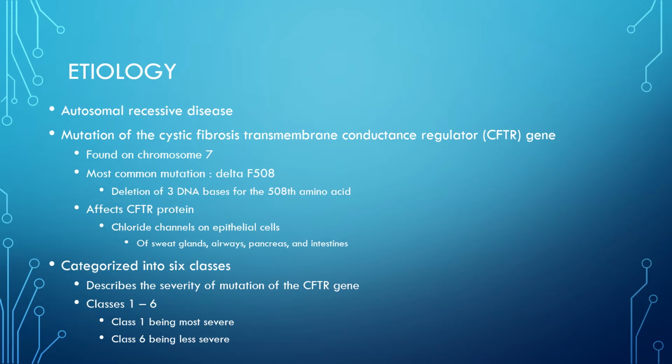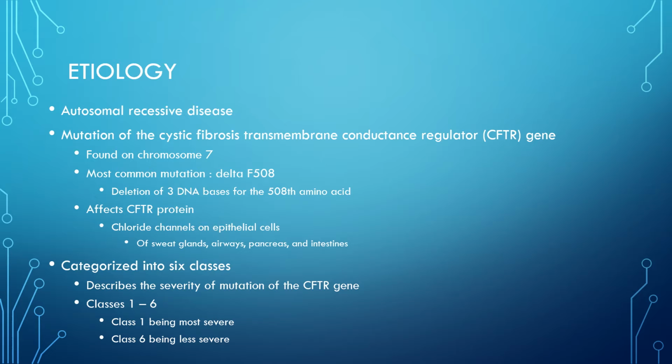This is found on chromosome 7. There are thousands of mutations which could potentially cause cystic fibrosis, but the most common mutation is delta F508, which is essentially the deletion of 3 DNA bases for the 508th amino acid.